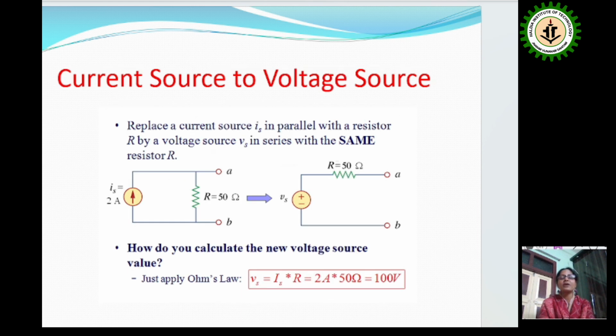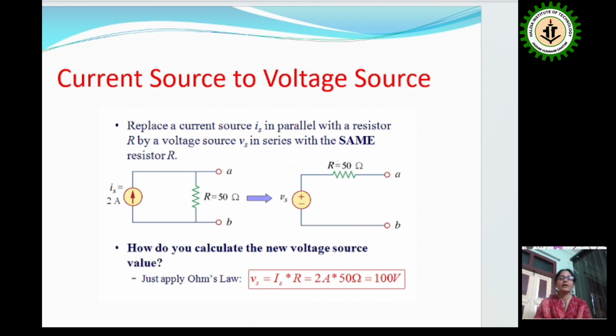Now, how can we convert a current source to a voltage source? Replace a current source Is in parallel with a resistor R by a voltage source Vs in series with the same resistor R. Is is 2 ampere and R connected in parallel is 50 ohm.